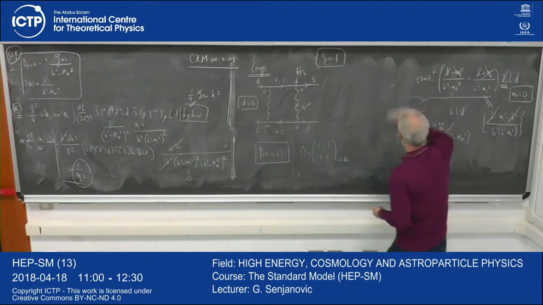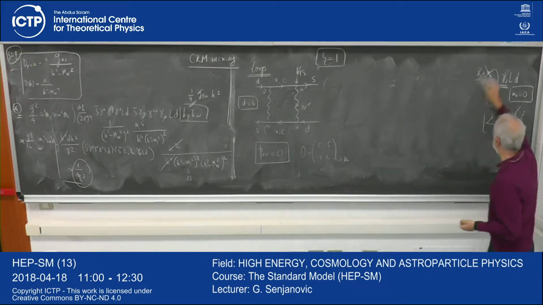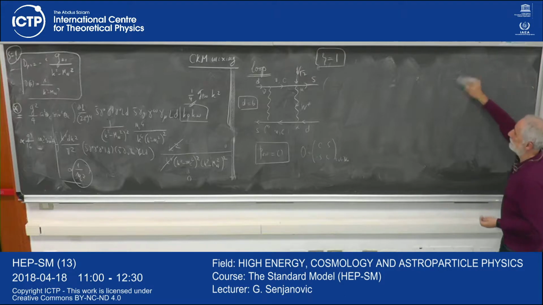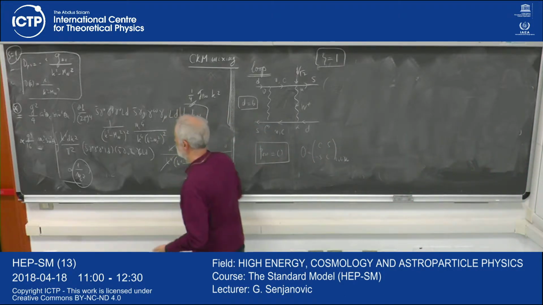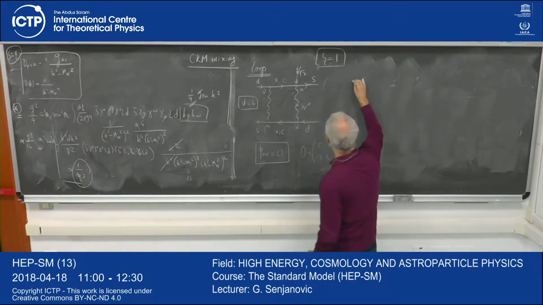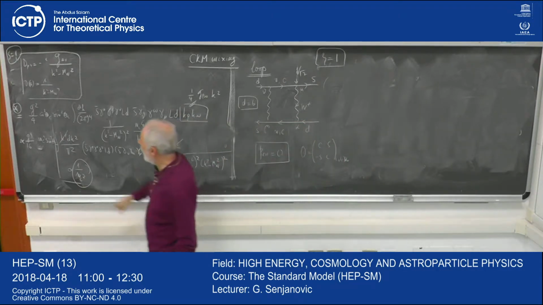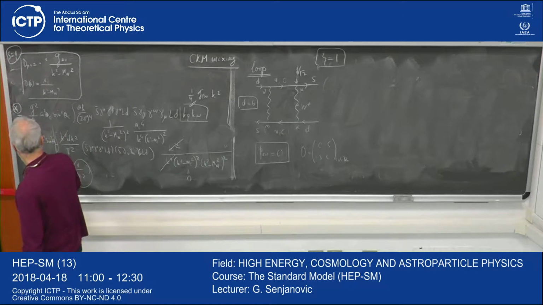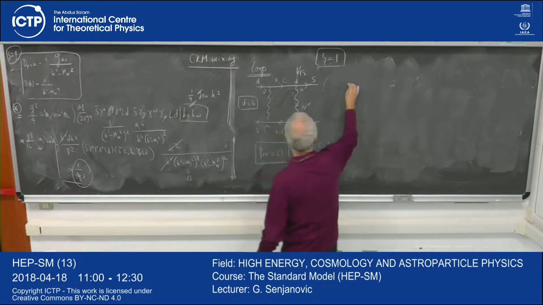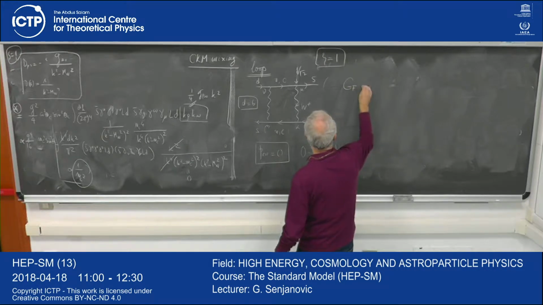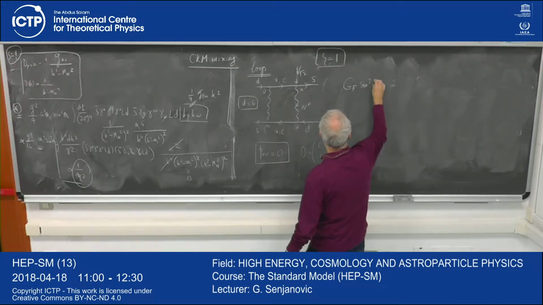So I'm going to make a long story short now. I'm going to summarize. I wanted to see that you are able to do the calculation. I'm going to take 1 g squared into the definition of G Fermi. I'm going to get G Fermi here, sine squared theta Cabibbo.